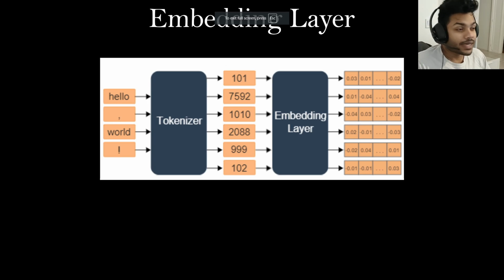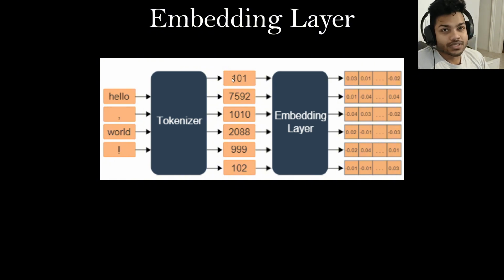The next part is the embedding layer. Why do we need this? Because for each token, we would like to create a representation. The very simplest way would be to do one-hot encoding, but that is not practical. For example, if we have 50,000 tokens, then each token would have a length of 50,000. So that's why we create a dense embedding layer.